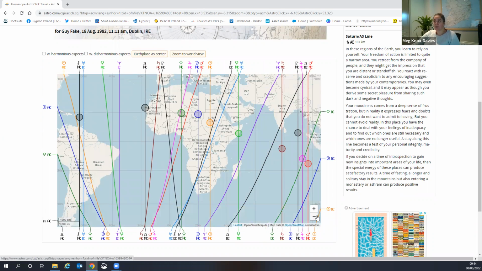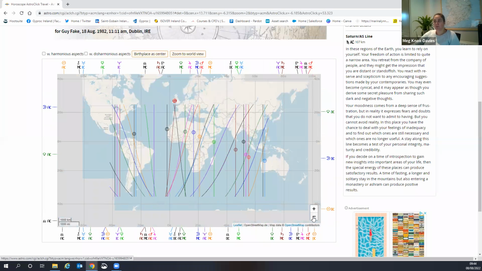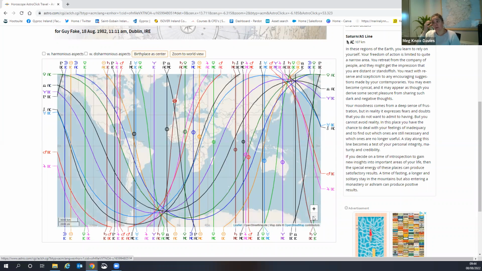And sometimes they are on land, like this person that we made a profile for has several running through Africa. Some people will find that their zeniths or their lines run through areas that they wouldn't ordinarily consider traveling to or relocating to or living near.